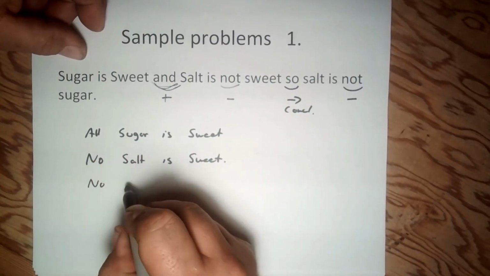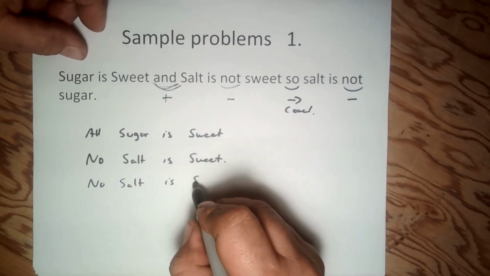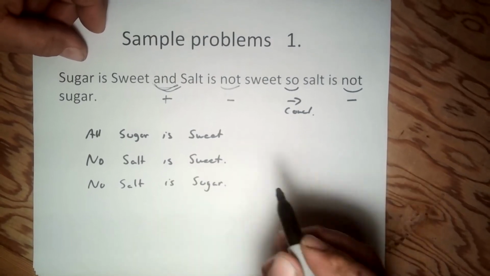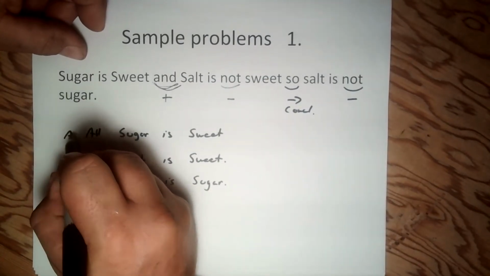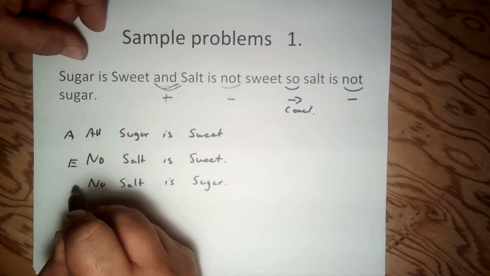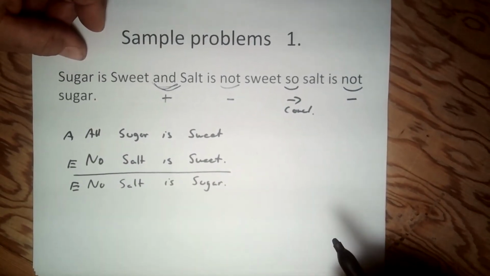So no salt is sugar. Our forms are A, E, and E. The bottom line is our conclusion.